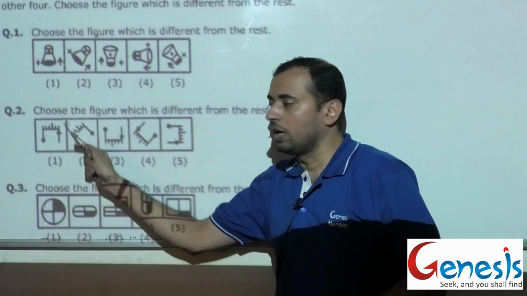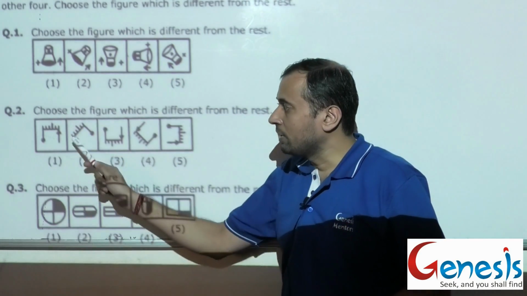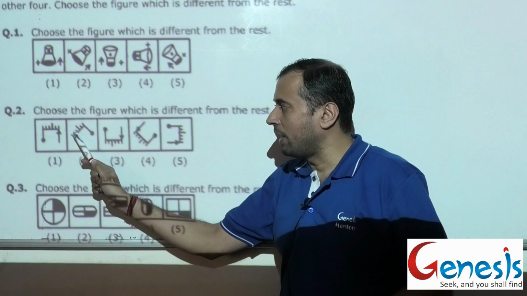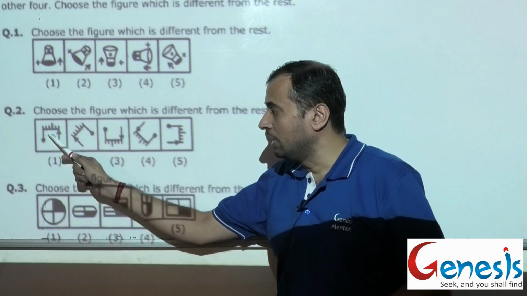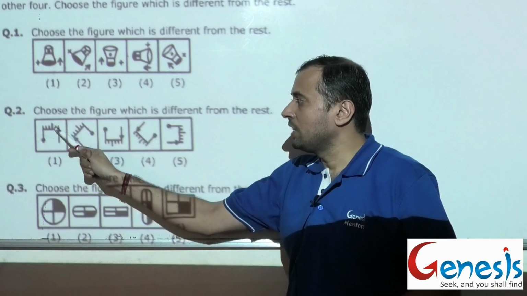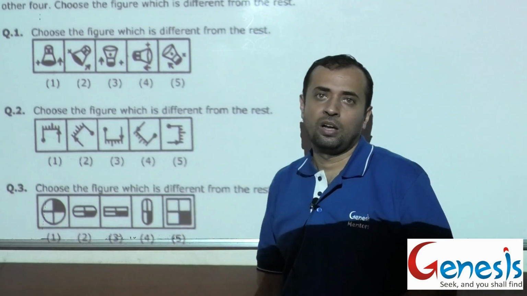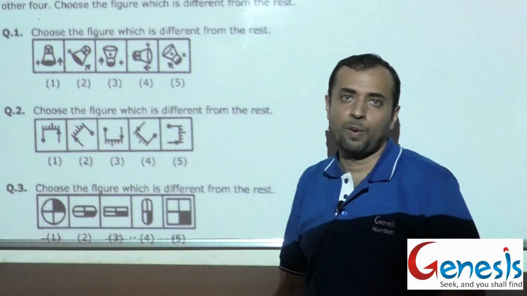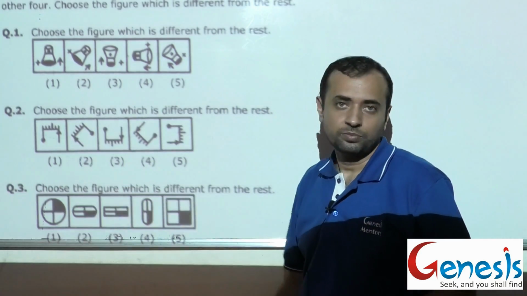It means the first figure was my odd man out, because it was not having 3 lines towards the arrow and 2 towards the pin. It was the other way around, 3 small lines towards the pin and 2 towards the arrow, which is not there in all the remaining figures. So the odd man out was figure number 1.